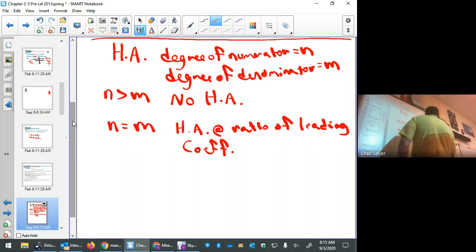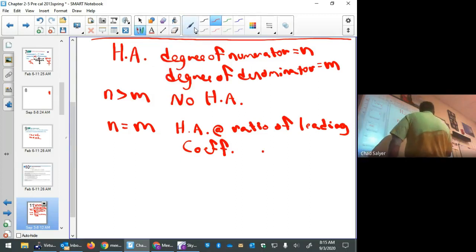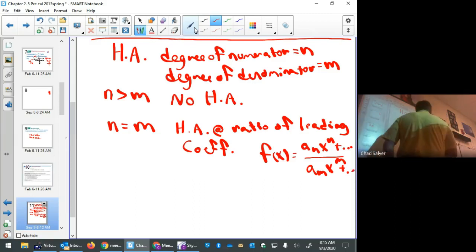And if I had, so we'll just say we've got some rational function here, and you'll have some leading term in the top and some leading term in the bottom.